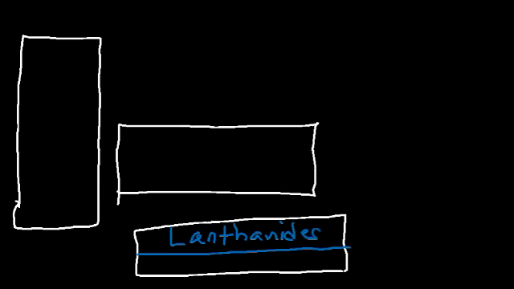So let's say this is the transition metal area. Over here you have group 1 and group 2. Then in this region you have the inner transition metals. The top part is known as the lanthanides. And the group below that represents the actinides.